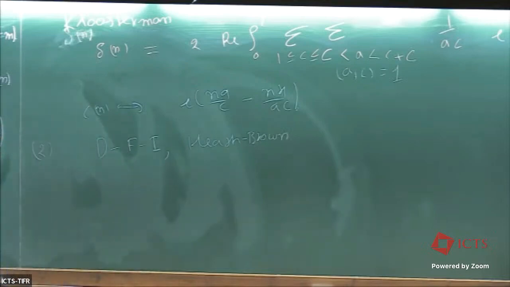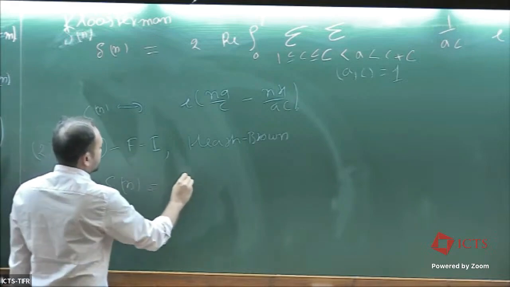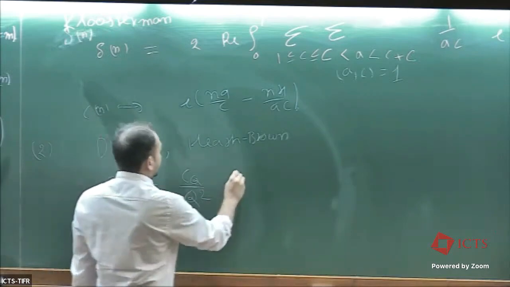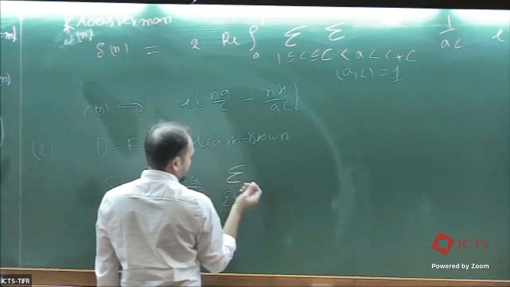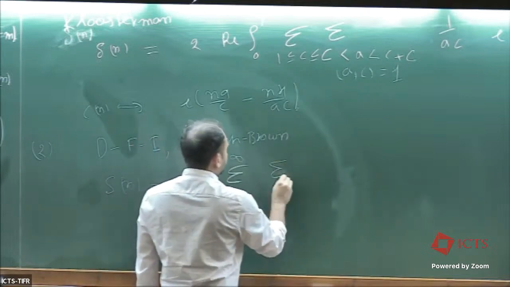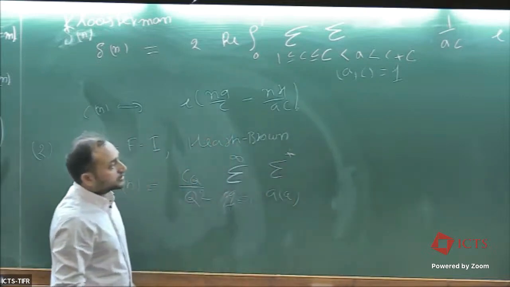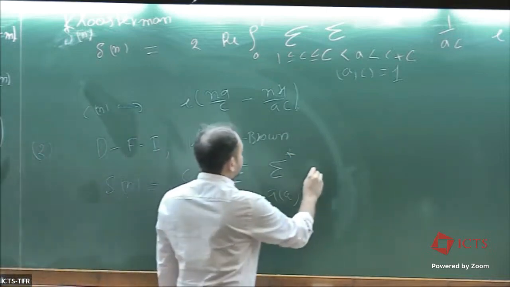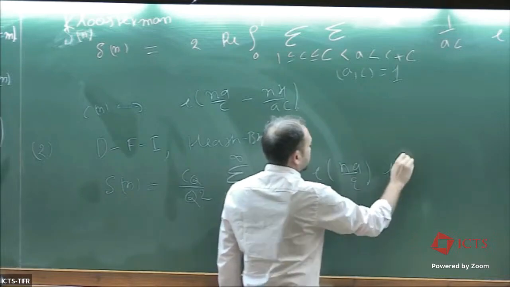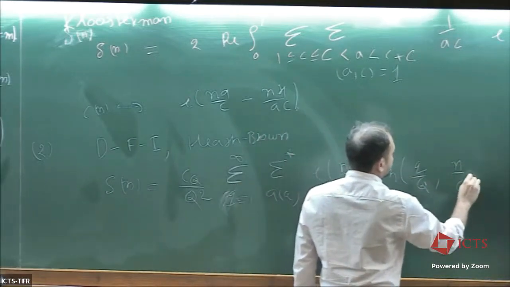For the delta of n you can expand it as some constant c_Q by Q squared, summation over Q, which essentially runs from 1 to infinity, summation over a modulo q over the coprime residue classes, e of (na by q), h of (q by Q, n by Q squared).